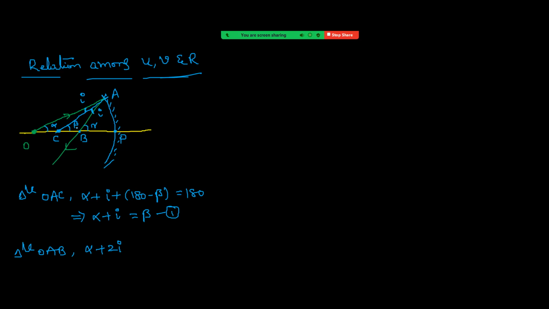And you can see this angle is 180 minus gamma. The total is equal to 180. Cross check once: alpha, 2 psi, and 180 minus gamma. Now the 180 cancels. Alpha plus 2 psi is equal to gamma. Equation 2.